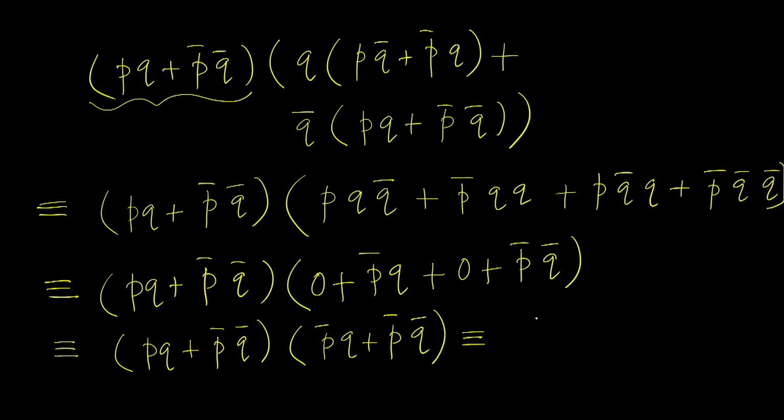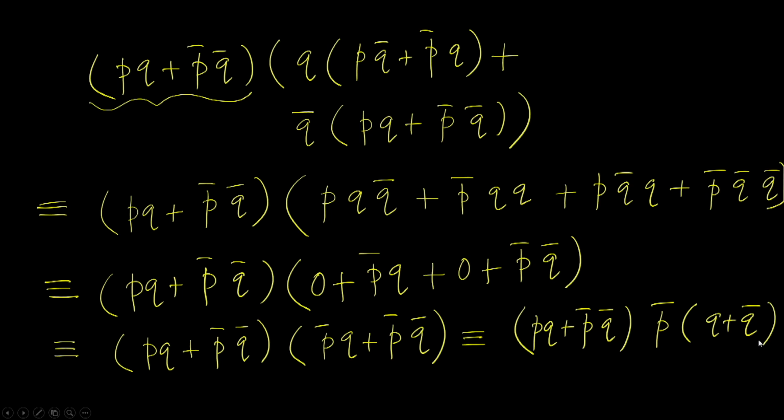This can be written as PQ or P bar Q bar, and from the second term, if you take P bar outside, we have Q plus Q bar on the inside, which is P bar, because Q plus Q bar is 1 and P bar and 1 is P bar.